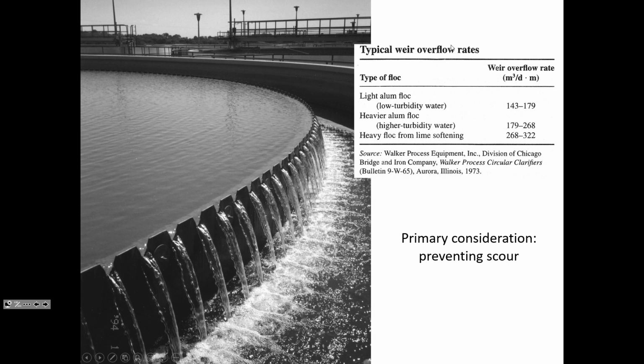Typical overflow rates for a weir in drinking water treatment are determined by the nature of the floc that you're trying to settle. And so the heavier the floc is and the easier that it's going to settle to begin with, then you can kind of crank up the weir loading rate a little bit more. And so the units for this weir loading rate are how many cubic meters per day you are loading relative to each meter of weir length.